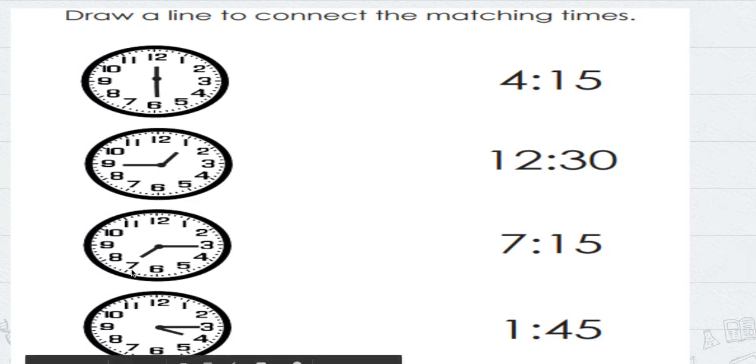Take a look at this one. See what you notice, see what you can figure out. So I noticed that our hour hand is pointed at the 7. Okay. What does that tell us? Yeah.